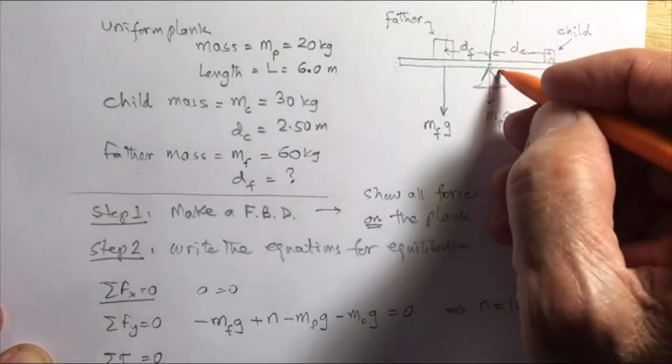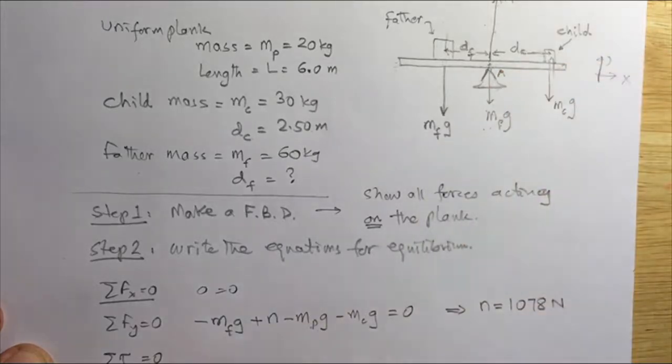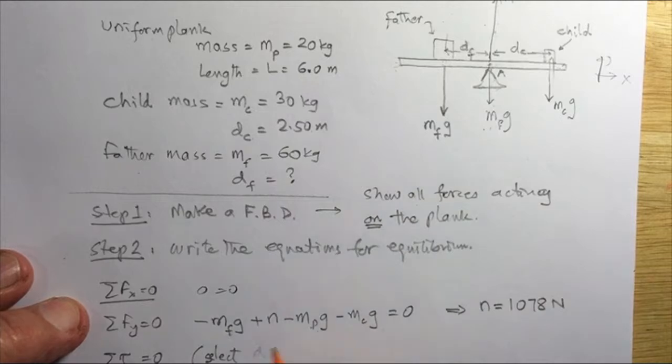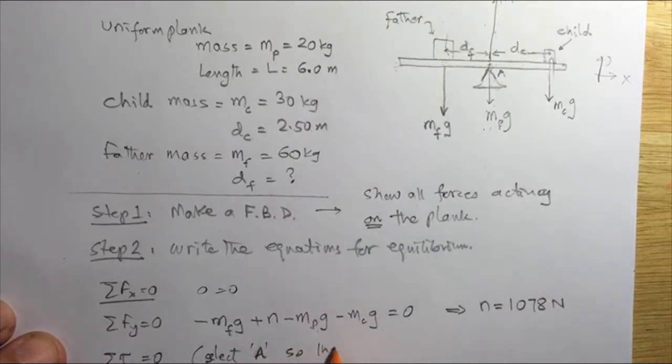So we call this point A, and we find the torque at the point A, and normally it's best to select A so that the largest number of forces are passing through it.